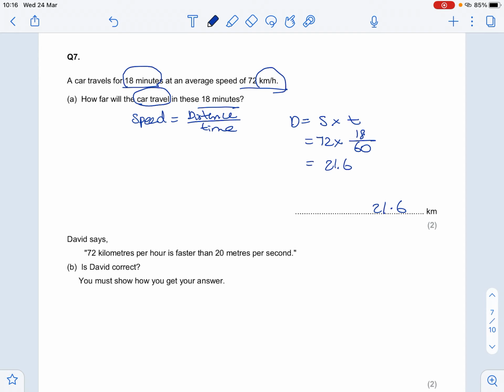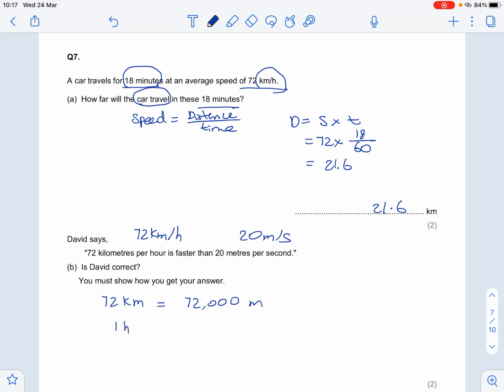The next part, David says 72 kilometers per hour is faster than 20 meters per second. So let's look at how much 72 kilometers per hour is in meters per second. 72 kilometers is equal to 72,000 meters.